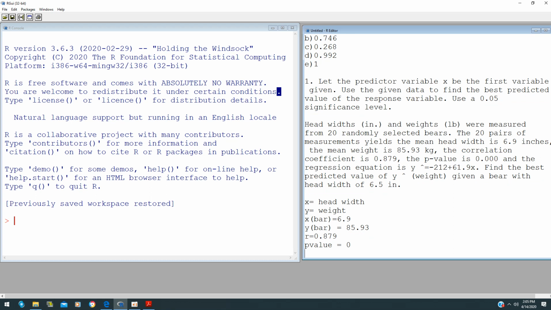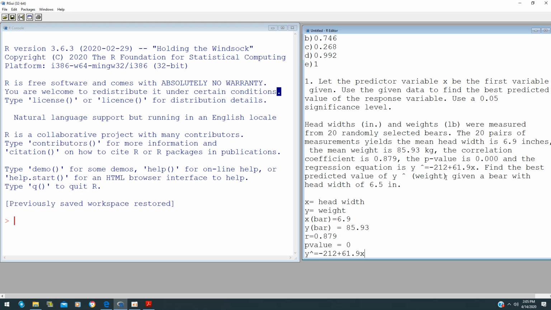The regression equation is y hat equals -212 plus 61.9x. Do not forget that every time you give the regression equation, you have to include the hat. Without the hat, you won't get full points on your test.